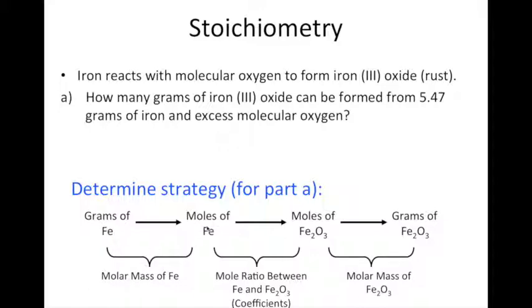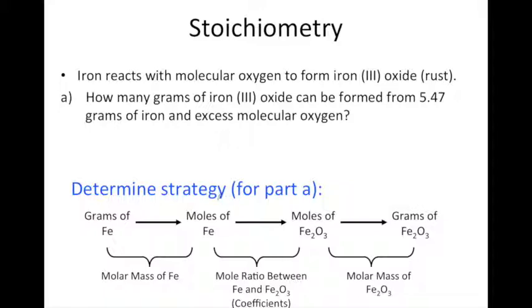Once I have moles of iron, I can use that ratio given by my balanced chemical equation to convert moles of iron into moles of iron 3 oxide produced. Then, once I have the moles of iron 3 oxide, I can convert that to grams using the molar mass of iron 3 oxide. So this is the strategy I want to do. I want to convert from grams of iron to moles of iron to moles of iron 3 oxide, and then moles of iron 3 oxide to grams of iron 3 oxide.